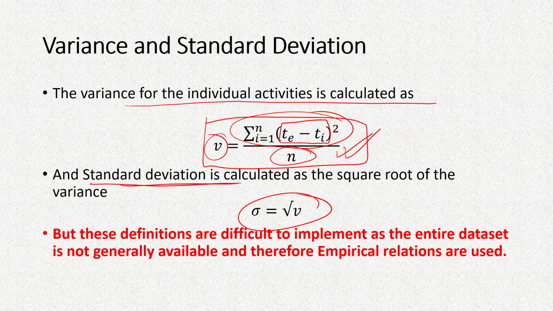However, the problem is that these definitions, although they are the fundamental definitions, cannot be applied with our kind of available data, which is only TO, TP and TM, the extremes and the most likely values.